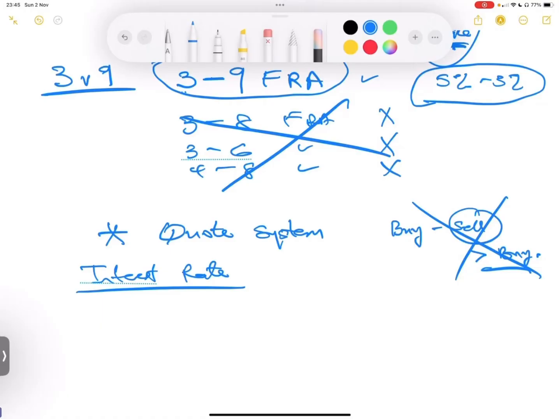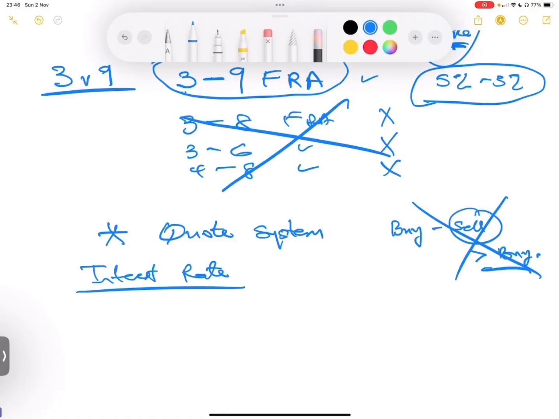And what is the principle? The principle is that the bank will always make money on the transaction. And which means if bank will always make money on the transaction, it means that bank will make sure that when people give them money, they pay interest on that money that is much cheaper than the interest that they will pay when they are giving that same money out to people.